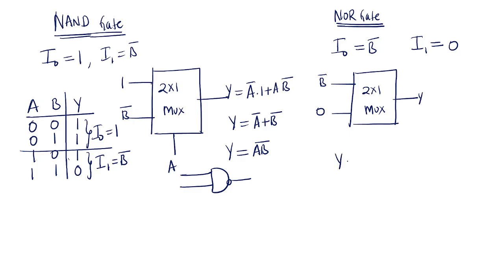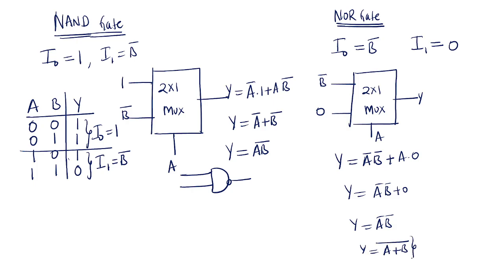Y equal to, selection line is A, A bar B bar plus A and 0. So Y equal to A bar B bar plus 0. Y equal to A bar B bar. If you apply De Morgan's law, (A or B) whole bar, same thing, NOR gate.